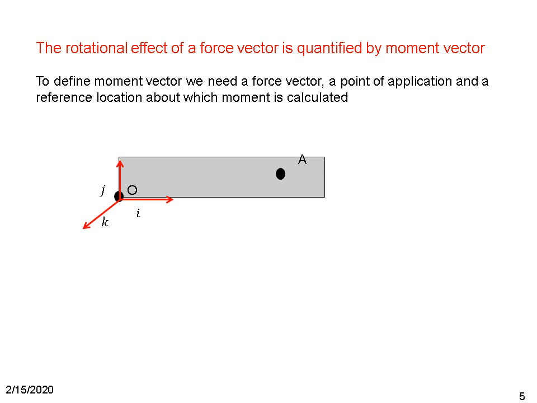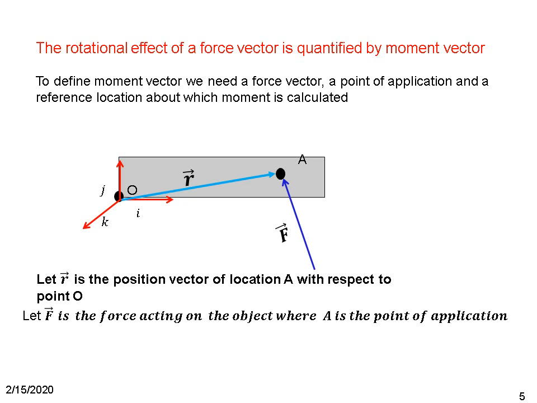The rotational effect of a force vector is quantified by another vector quantity called moment of a force. To define the moment vector, we need a force vector, a point of application, and a reference location about which the moment is calculated.